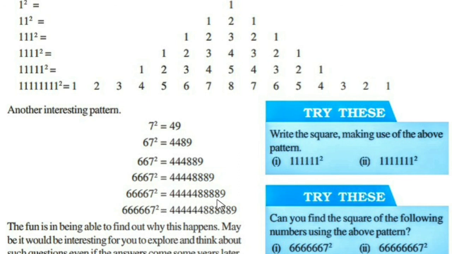So 4 times 8 will be there and 5 times 4 will be there and at last will be 9. Now 666666 7 square equal to, so how many times 6 are there? 5 times. So 5 times 8 will be there and 6 times 4 will be there and at last will be 9. So 4, 4, 4, 4, 4, 4, 8, 8, 8, 8, 8, 9.